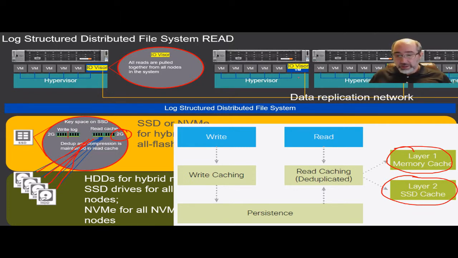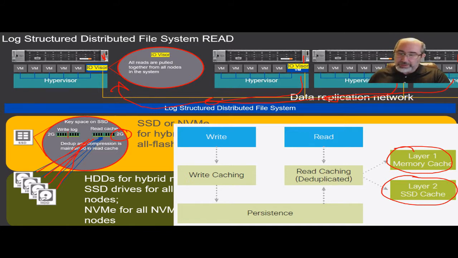We're still pulling data across the network from every single one of these nodes. Every single one of these nodes, again, has that cache in it, and we're leveraging that cache as well as the local node. So it's important to understand this process, because this is where the magic happens, right?